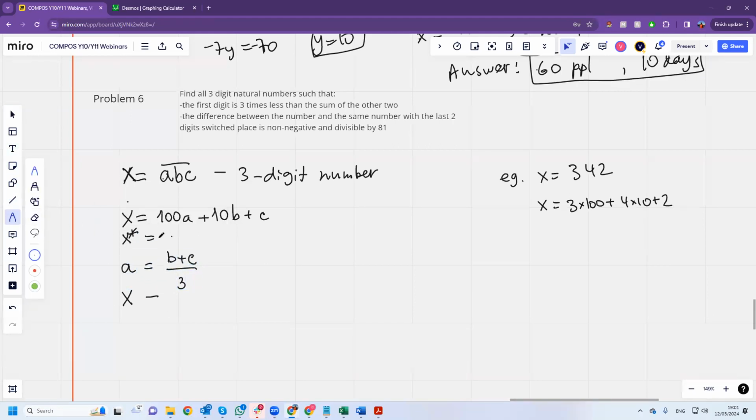So X star is ACB. That means 100A plus 10C plus B. So X minus X star is divisible by 81, is equal to 81N.